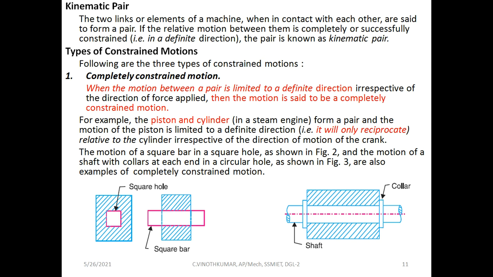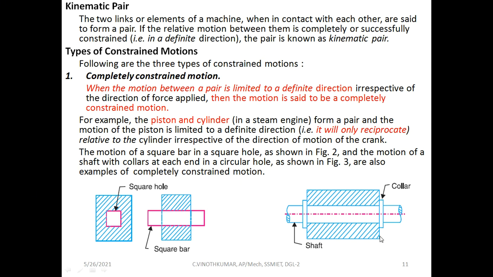That is, it will only reciprocate relative to the cylinder irrespective of the direction of motion of the crank. The motion of a square bar in a square hole as shown in figure 2 and the motion of a shaft with collars at each end in a circular hole as shown in figure 3 are also examples of completely constrained motions.